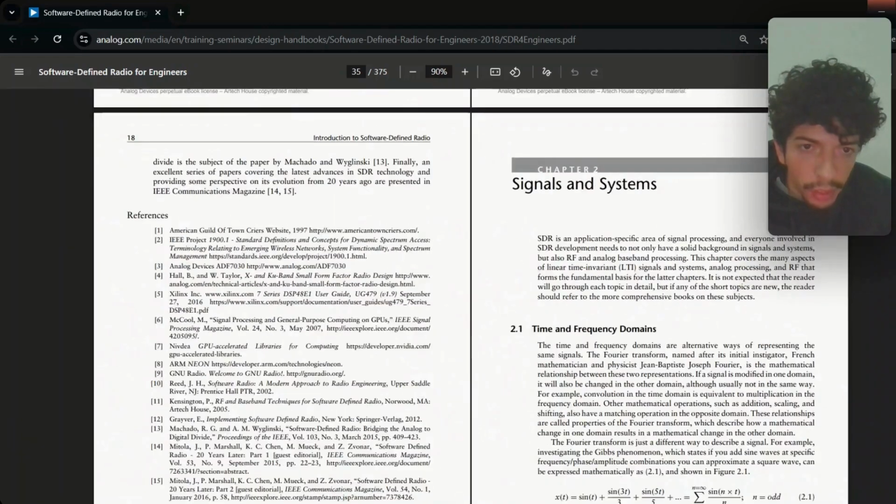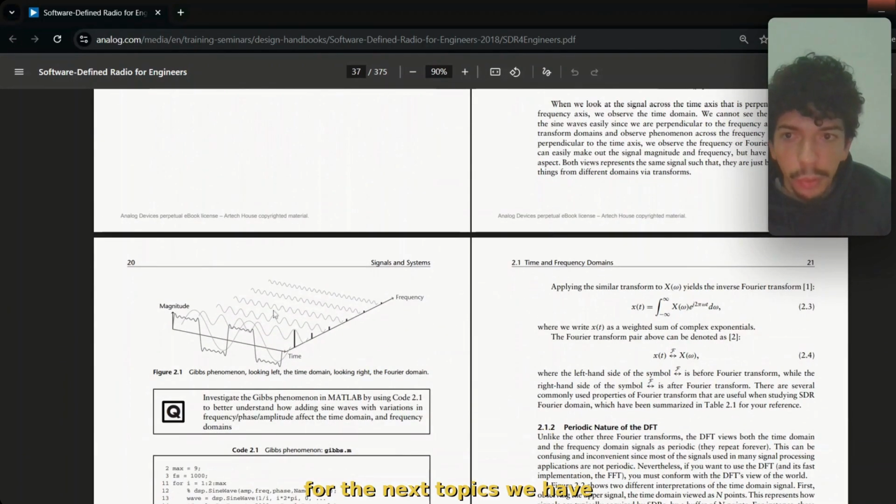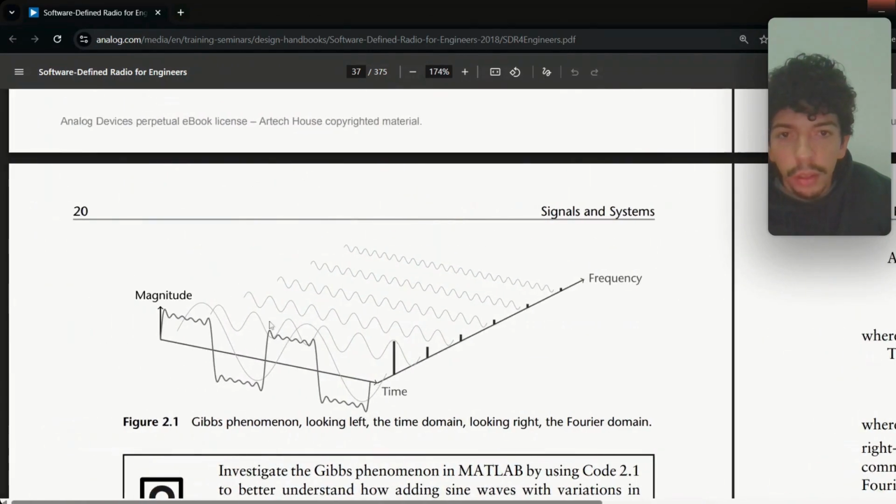Okay, and for the next topics, we have a conceptual explanation of the Fourier transform or Gibbs phenomenon. Looking left, the time domain; looking right, the Fourier domain. Okay, in this axis we have the magnitude of the signal. In this axis we have time. In this axis we have frequency.